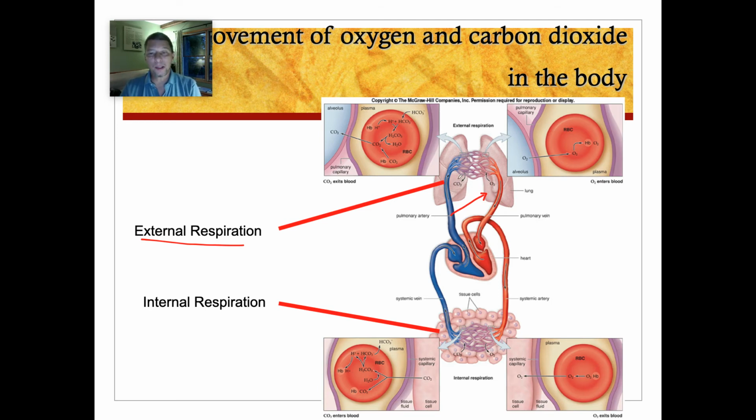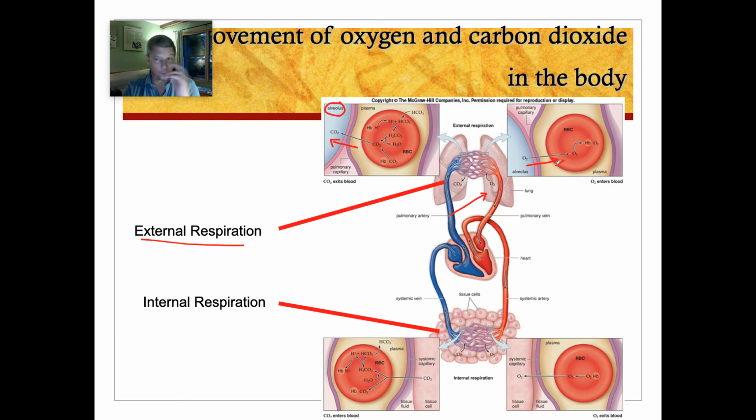And so when it gets to the lungs, two things are happening. Carbon dioxide is diffusing from the purple lined thing here, which represents the capillary, and you can see the carbon dioxide diffusing out of the capillary and into the alveolus. On the other hand, there's a higher concentration of oxygen on the outside, and so oxygen will diffuse from the alveolus to the blood. This exchange is occurring simultaneously.